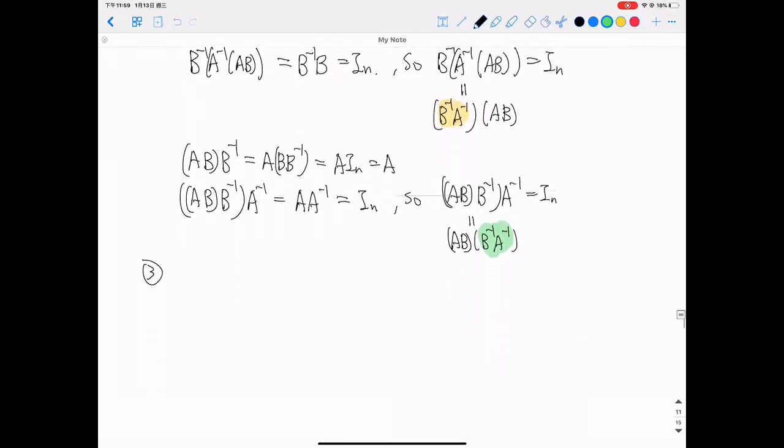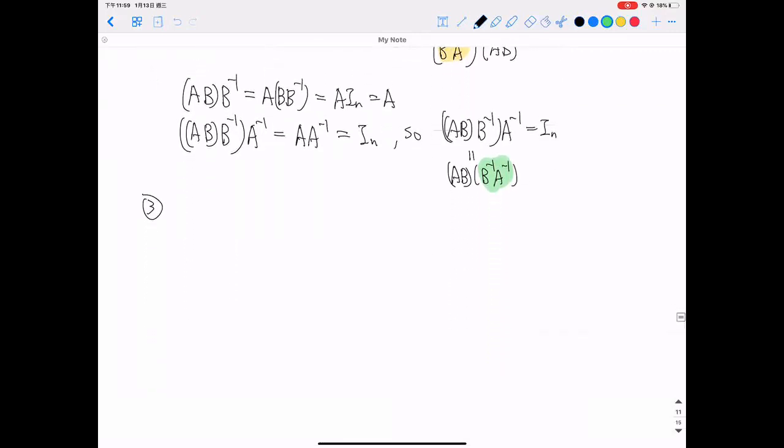Now 3. What is 3? Okay. So you want to think about K A inverse. So let's just check that the proposed element 1 over K times A inverse is indeed good for the job.